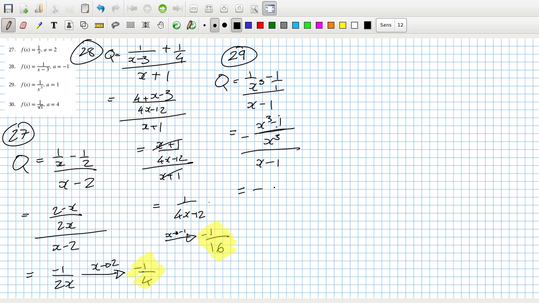So this will be minus x minus 1, x squared plus 2x plus 1 over x cubed, over x minus 1. They cancel. And this is going to, as x goes to 1, minus 1, 2, 3, 4.